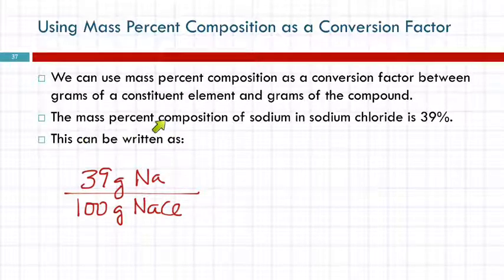So this is saying the mass percent composition of sodium in sodium chloride is the mass of sodium divided by the mass of the whole thing. 39 grams per 100 grams. This is a very useful conversion factor. This allows us to skip moles in the middle. But we can only use it if we know what it is.